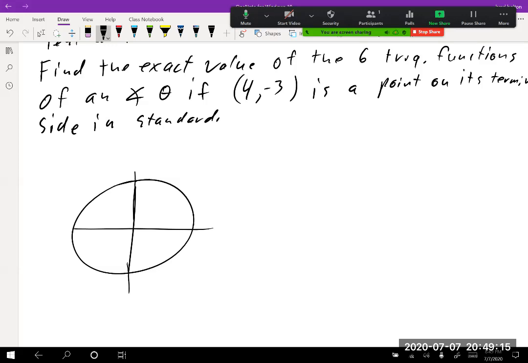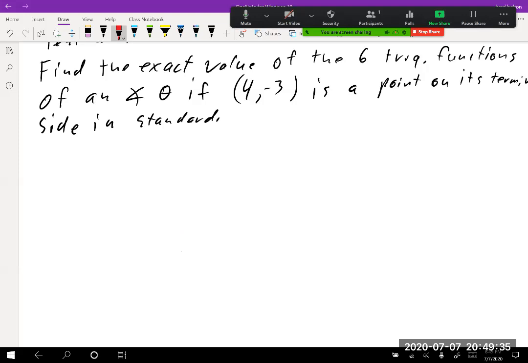We're going to go over 4 and down 3. So 1, 2, 3, 4, and then down 3. It's kind of a bad drawing. Let me do this again. 1, 2, 3.